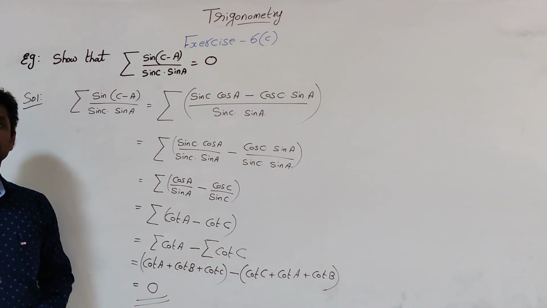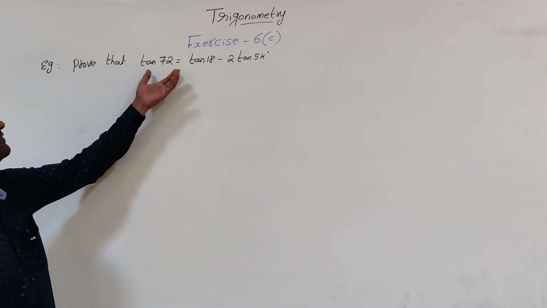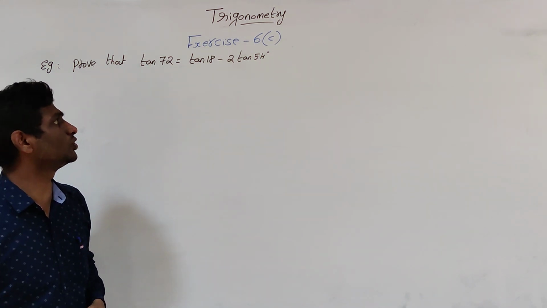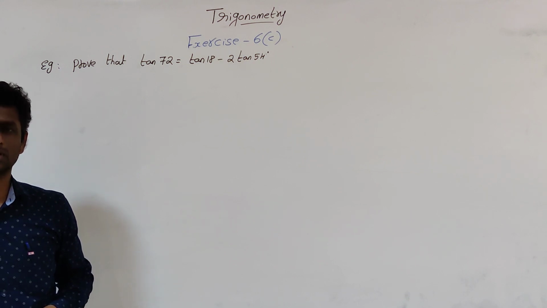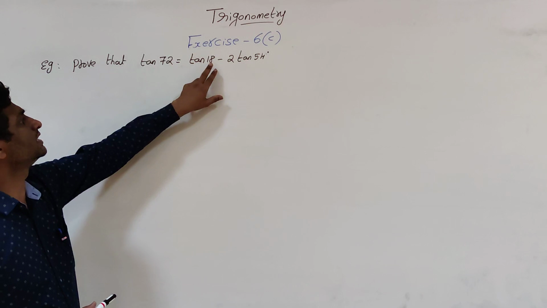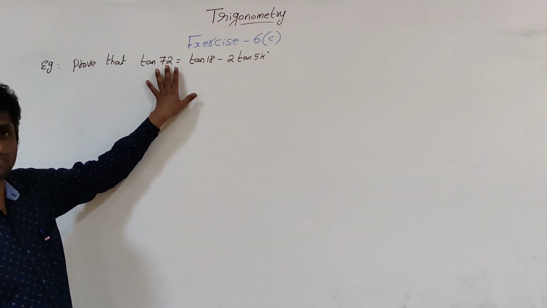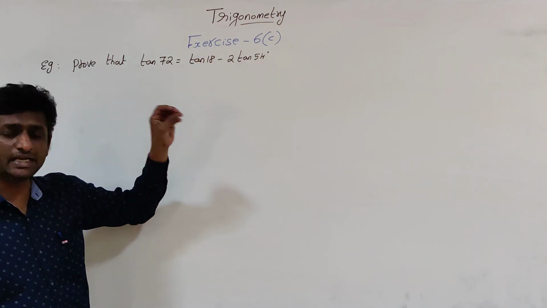Next problem. The next problem is: prove that tan 72 is equal to tan 18 plus 2 times tan 54. If you observe the angles 72 degrees, 18 degrees and 54 degrees, the sum of 72 and 18 is 90.